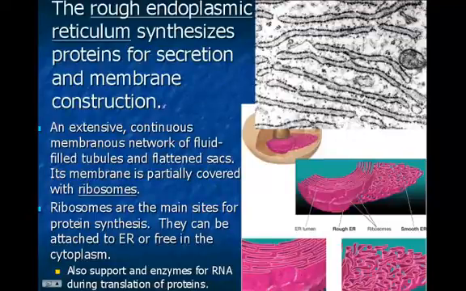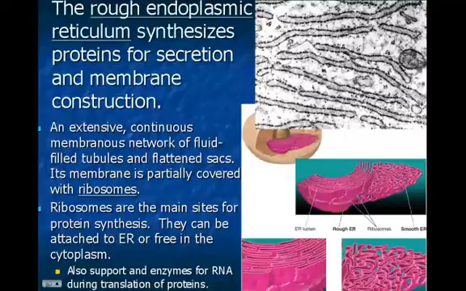And so the first organelle that we're going to talk about is something called the rough endoplasmic reticulum. And the rough endoplasmic reticulum is going to be this folded membranous structure. It's basically a membranous network of these fluid-filled tubules and flattened sacs.